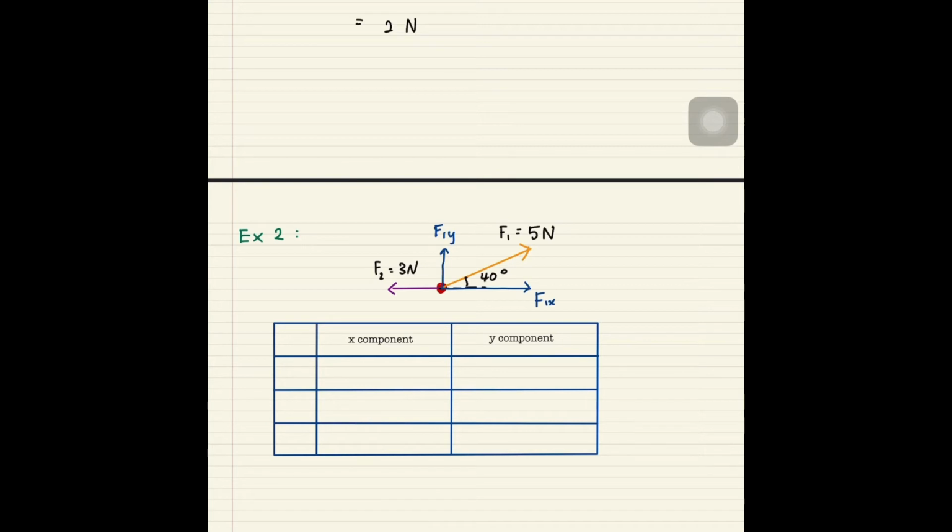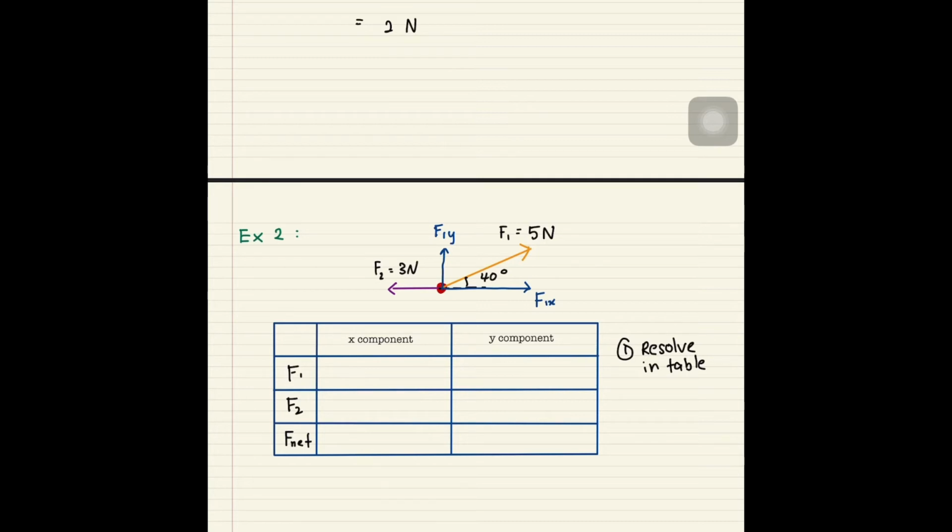So for vectors, I strongly suggest you use a table. Number 1, resolve in table. So you have two forces here, F1 and F2. If you have more, you can simply add a row over there, and this would be my F net.